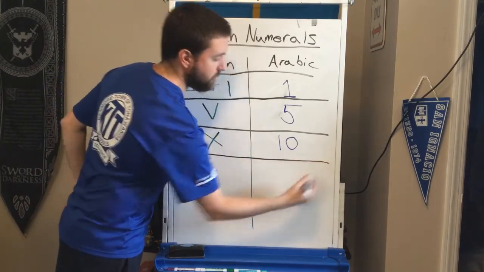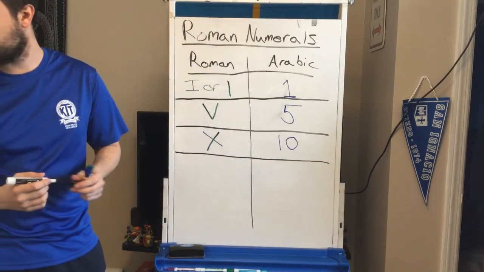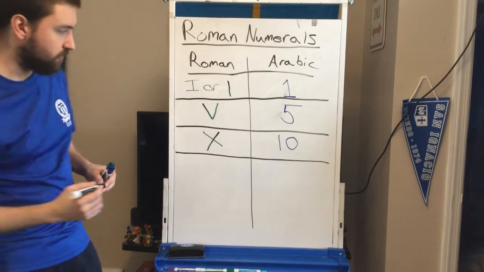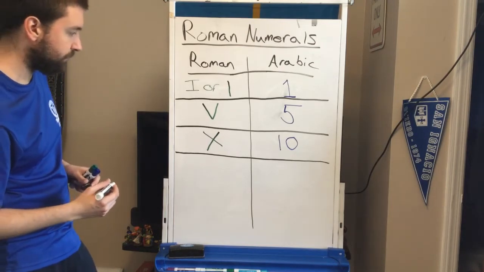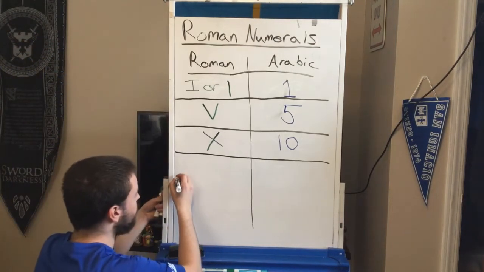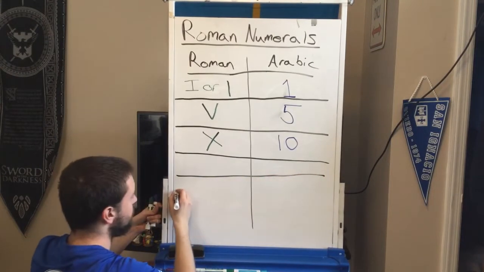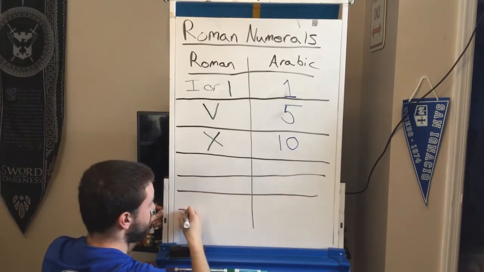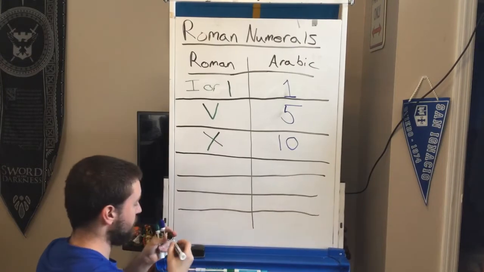And now we're actually going to make a big jump here. I want to make sure I have enough room for the last few ones here. I have to fit 4 more in here. Oh boy. Let's see if I can fit these in. All right, we're just going to squeeze it in here.